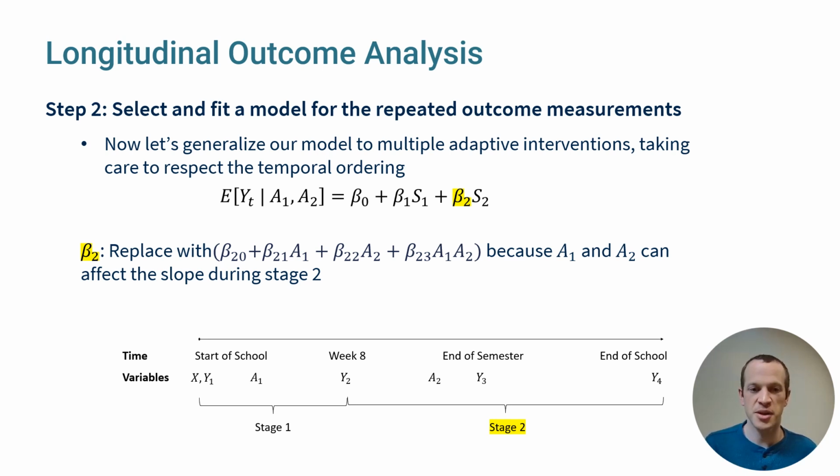We have something like an intercept, we have main effects for A1 and A2, and then lastly we have this interaction. So setting it up like this is going to allow beta 2 to be different for each of the 4 adaptive interventions. If you think back to our figure earlier with all the different lines, this expression here is going to give you each of the 4 slopes that you saw in the final section of the figure.